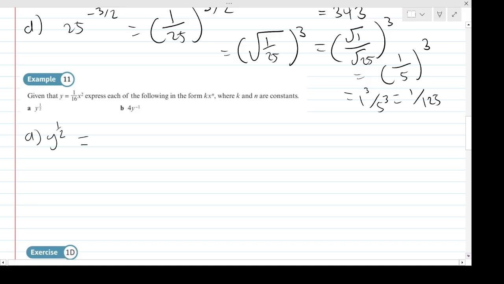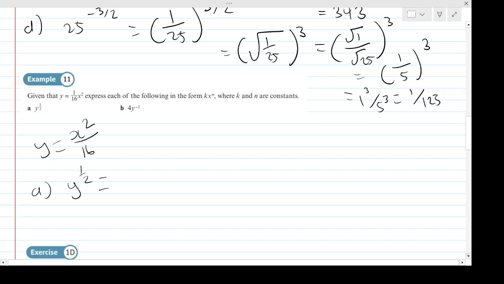Well, I think probably the best way to write y is x squared over 16. So we explicitly make it clear x squared is the numerator and 16 is the denominator. And I think that might make things a little bit clearer when we take indices.